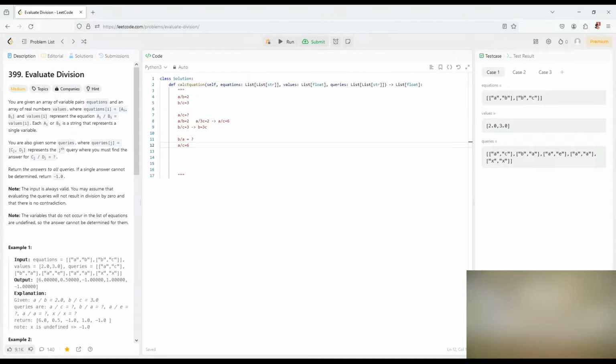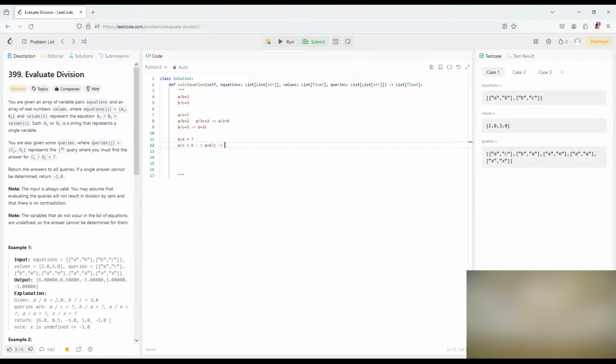Then from that we can find out what A is, 6 times C. Right?